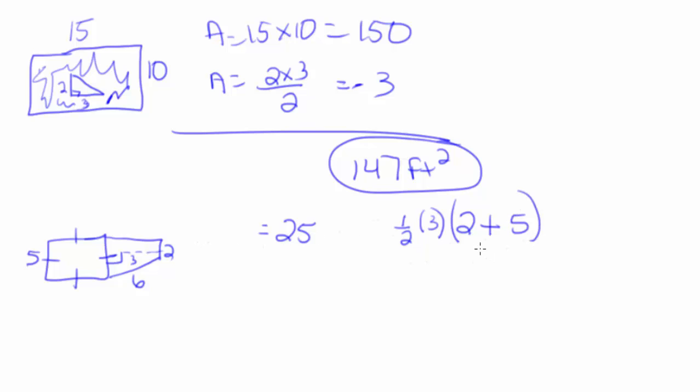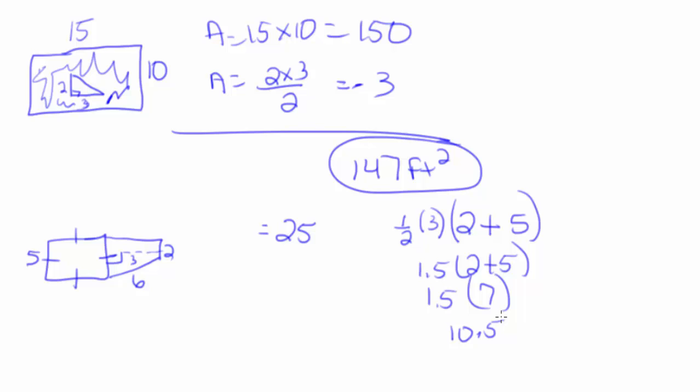Okay, so 1/2 of 3 is 1.5 times 2 plus 5, which is 7. What is 7 times 1.5? What? Don't make me do a fraction. 10.5. Because it would be 7 plus half of 7, which is 3.5.